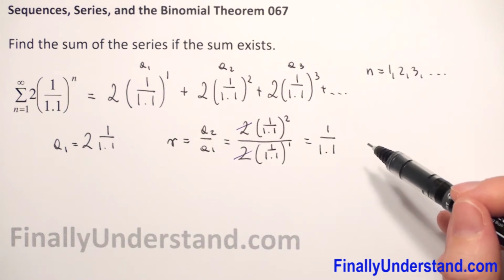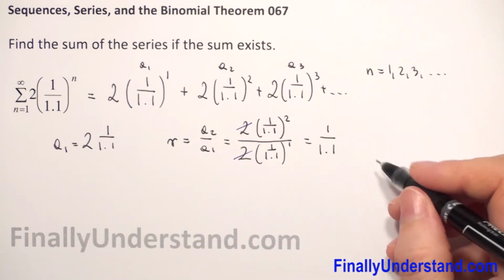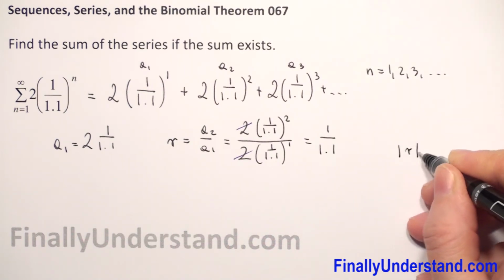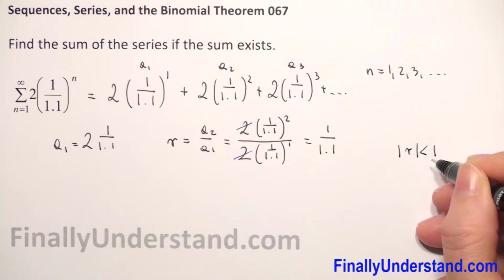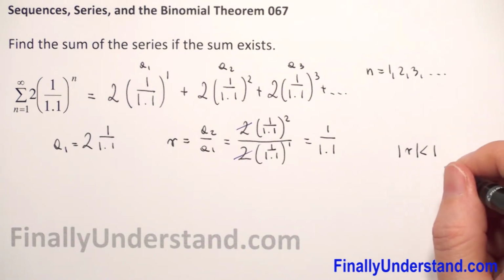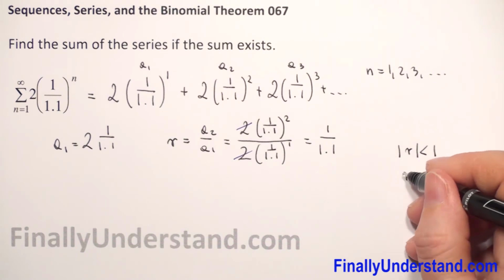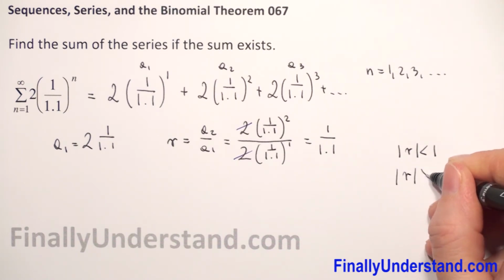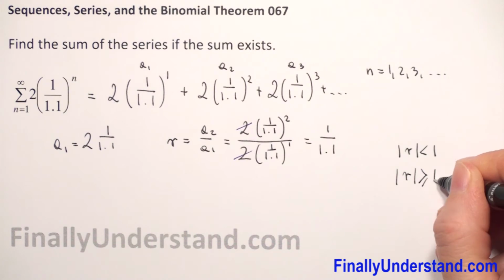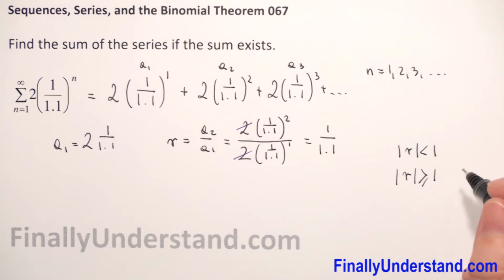So the next step, we have to check r. If the absolute value of r is less than 1, then the series converges and we can calculate the sum. If the absolute value of r is greater than or equal to 1, then the series diverges and we cannot calculate the sum.